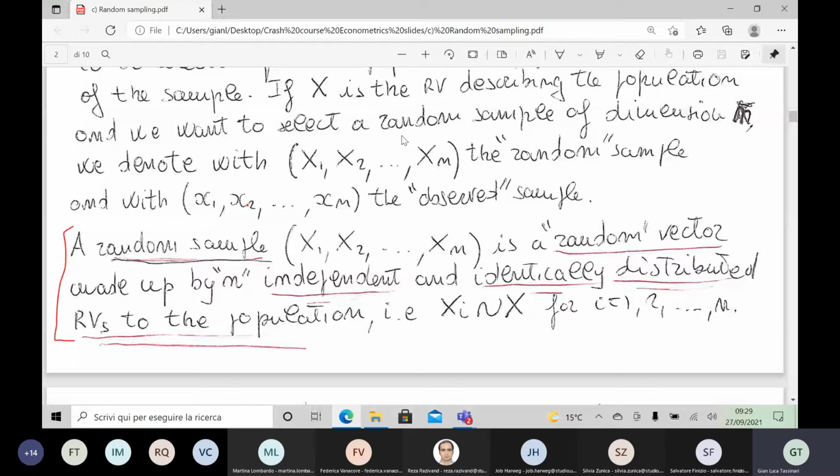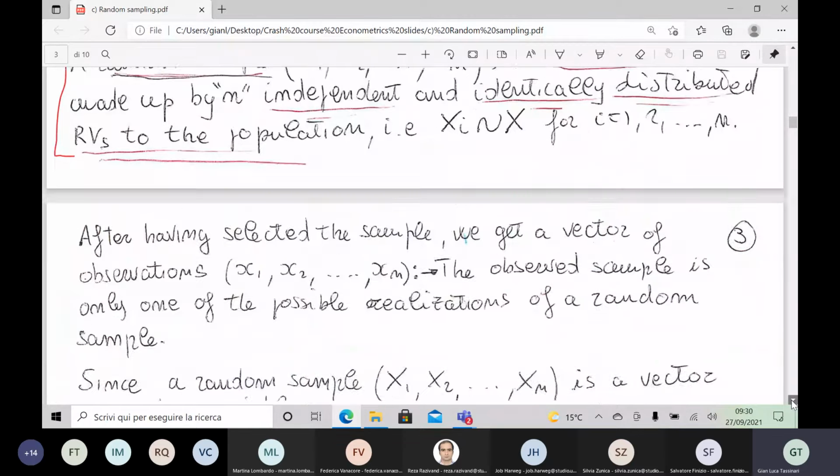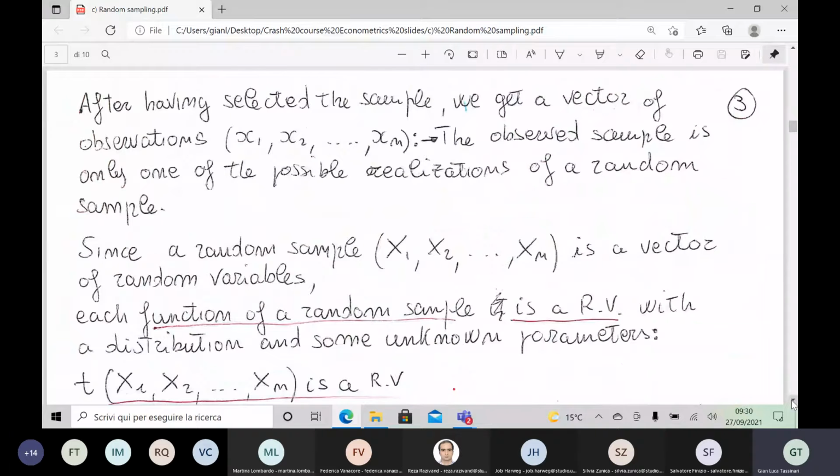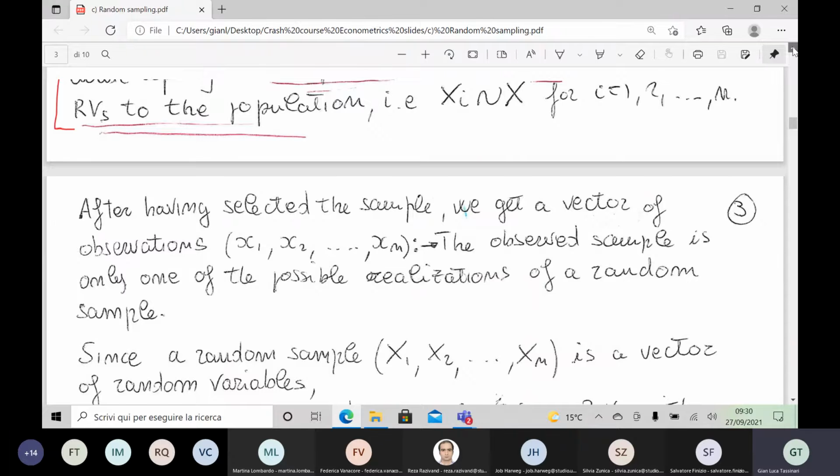So now let me show. I read again, even if I explained. After having selected the sample, we get a vector of observations. These are numbers. You see the small letters. The observed sample is only one of the possible realizations of a random sample. Because, guys, you selected this sample, but this is only one of the possible samples. If you select another sample, for sure, it's very unlikely that you get again the same x1.